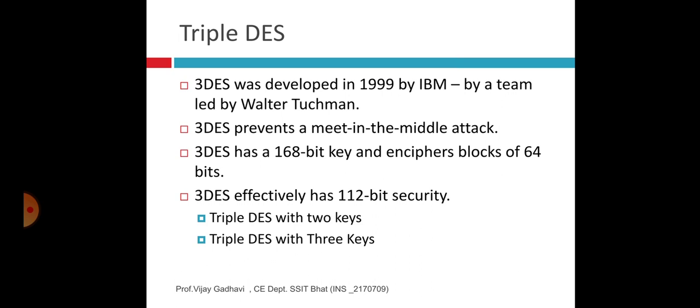It prevents the meet-in-the-middle attack and has a 168-bit key. Remember, triple DES can use a 168-bit key and enciphers a block of 64 bits. It also effectively has 112-bit security.